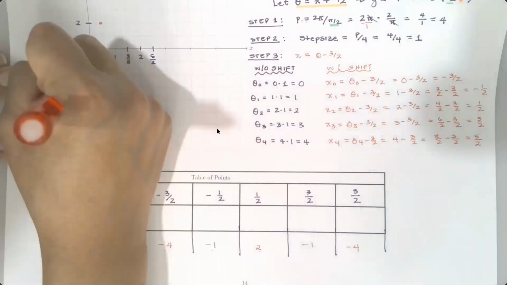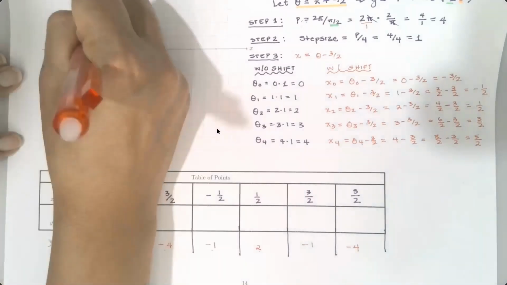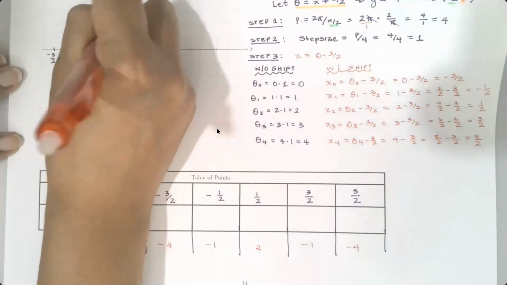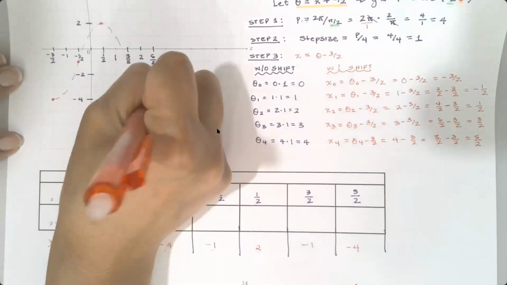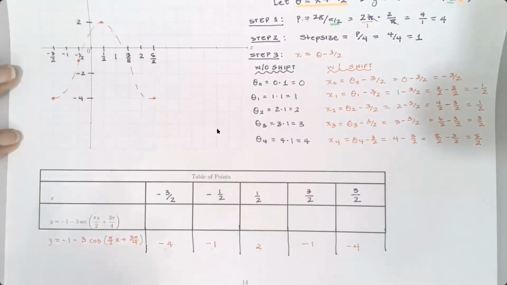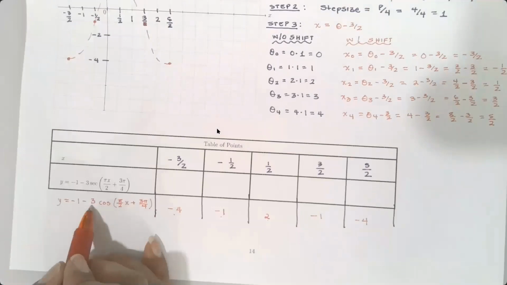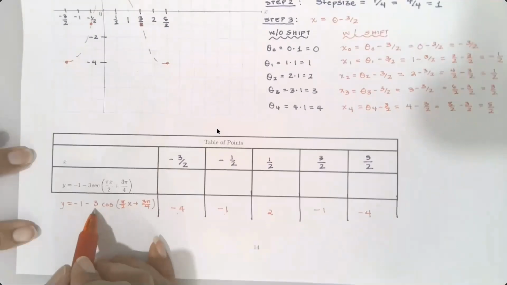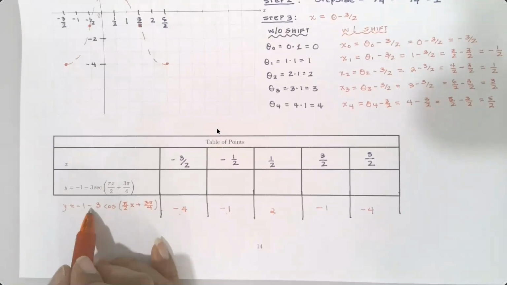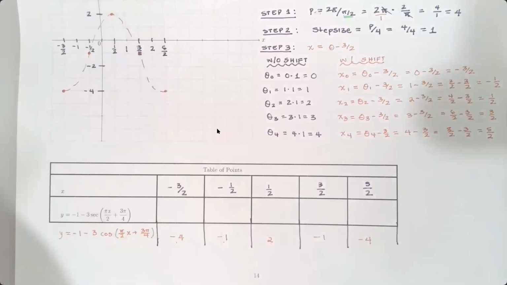All right. So the reference graph, remember this is cosine. Cosine is curvy. It's going to be passing through these points. If we think about what exactly happened to the cosine graph, if we take a look at the equation, we see that it needs to have an amplitude of 3, because there's a 3 in front of the cosine. Moreover, it's going to be reflected.